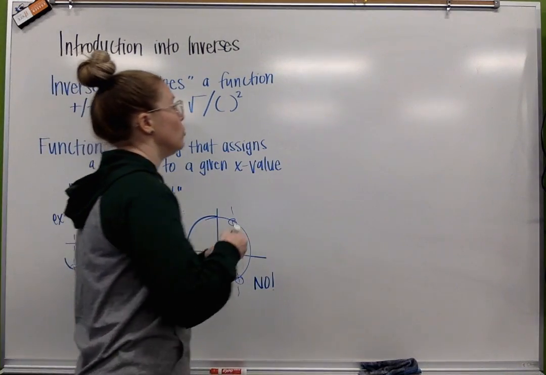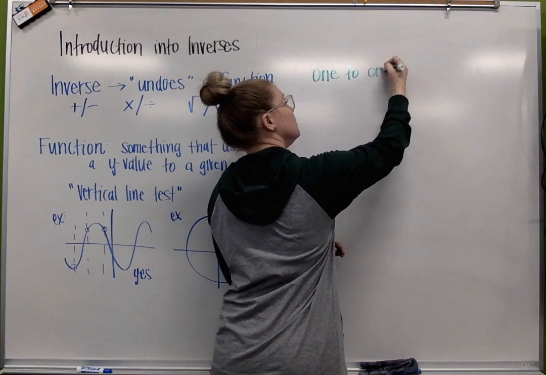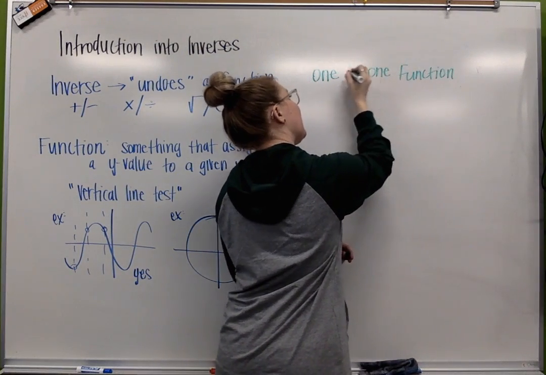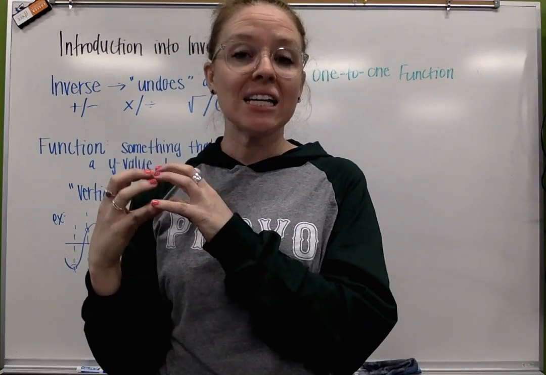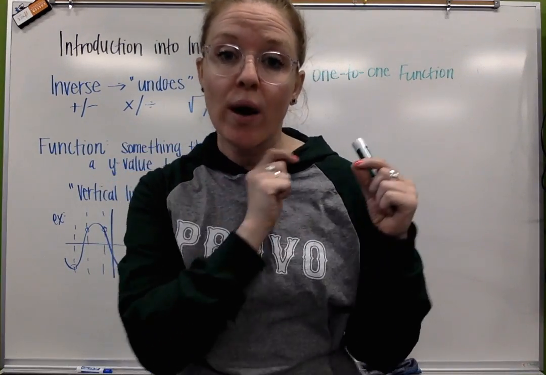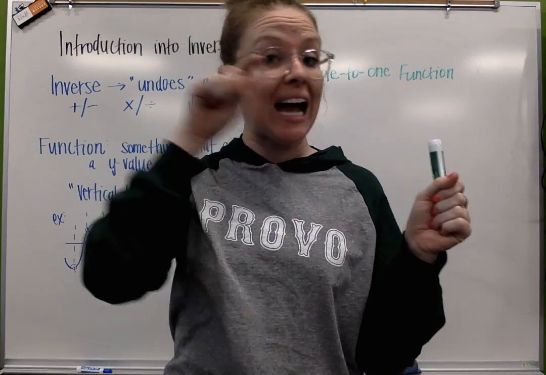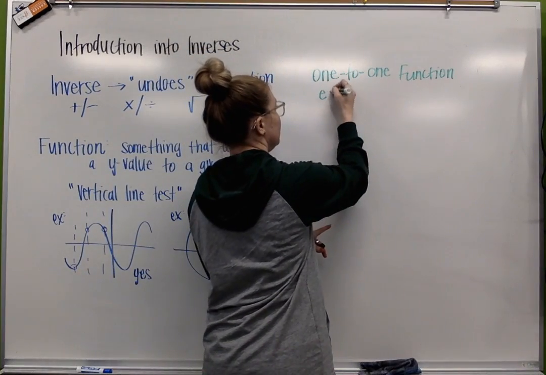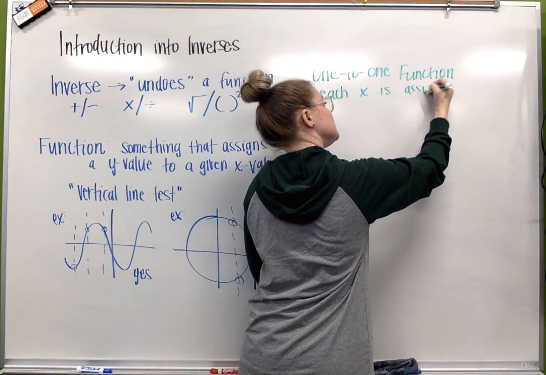Now I'm going to define that even more. I want to know what a one-to-one function is. Just like its name implies, a one-to-one function means that each x value is assigned to a unique y value. That y value won't be assigned to any other x's.